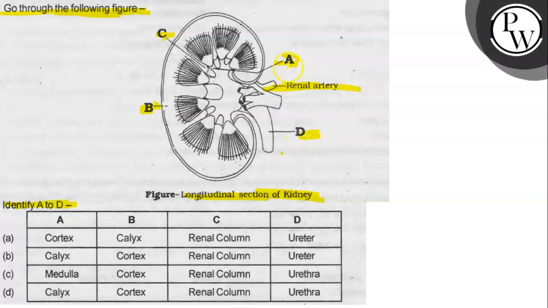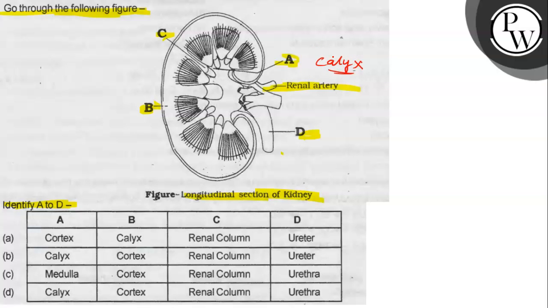First of all, this is the longitudinal section of the kidney, and A is representing which structure? This part here is representing the calyx.